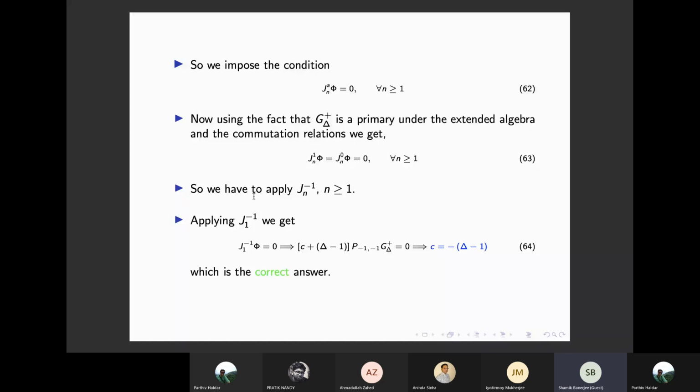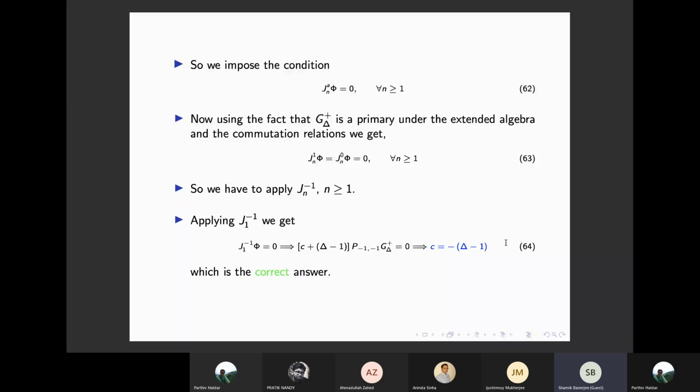So what we are left with is J minus 1n, and if I now apply this to phi, this must be 0. Now this gives me an equation of this form, and then that gives me C.